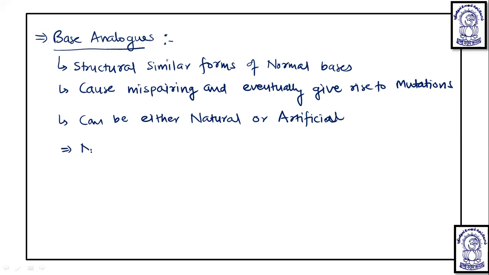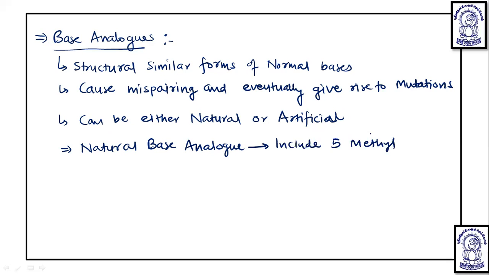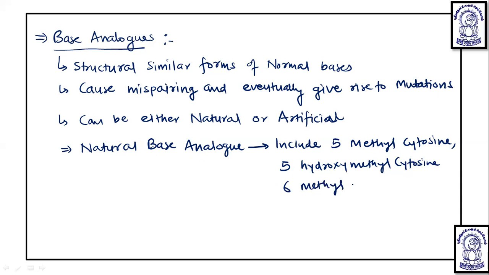If we talk about some of the natural base analogs, then these natural base analogs include 5-methylcytosine, 5-hydroxymethylcytosine, and 6-methylpurine, etc. can be the natural base analogs.